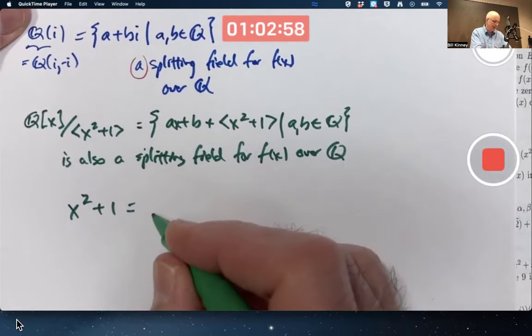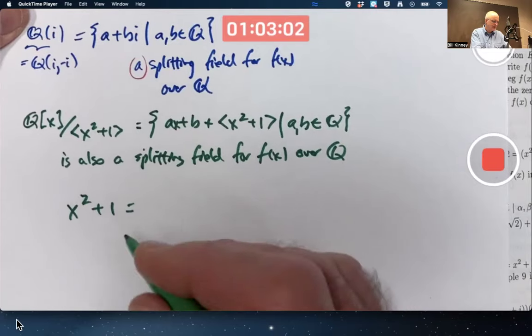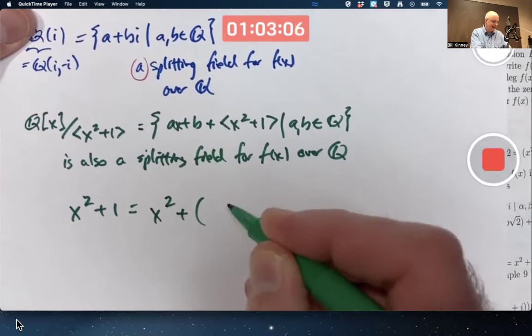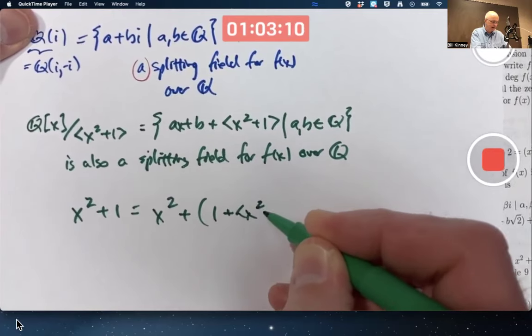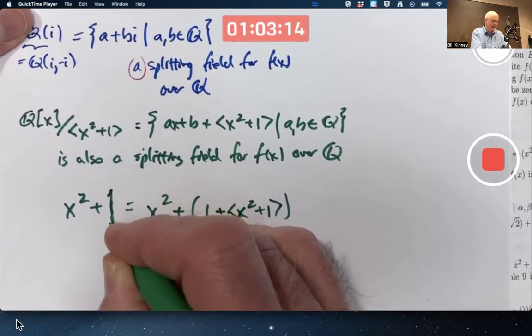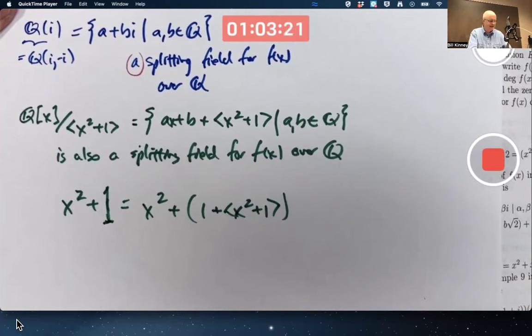Well, okay, if I want to be a little bit more official about it, the 1 here is really the unity coset. Maybe I should make this a big 1. It's not the number 1, it's the unity coset.